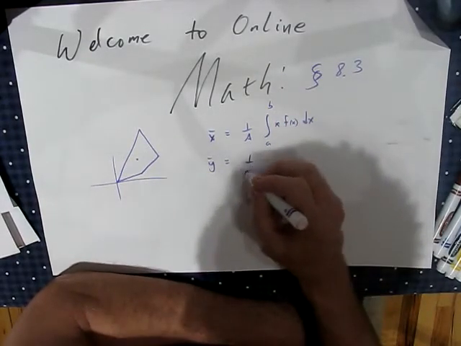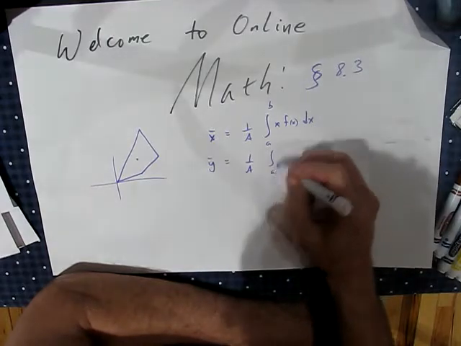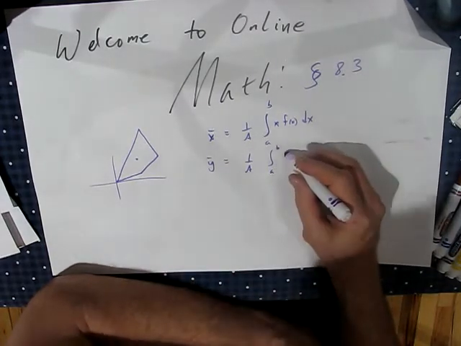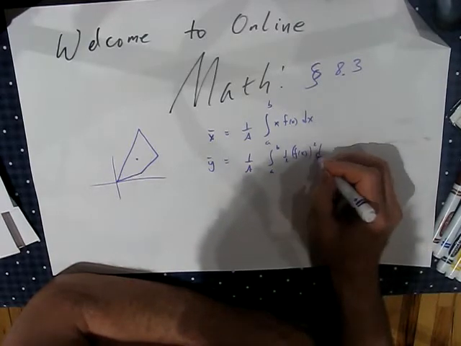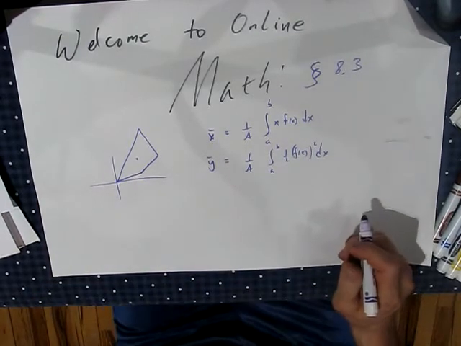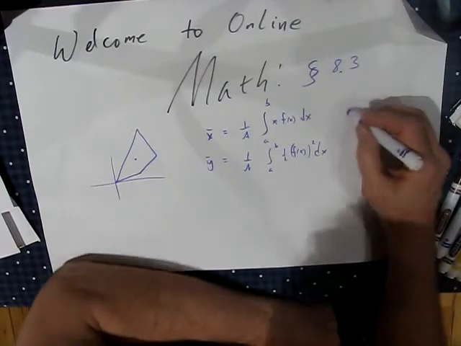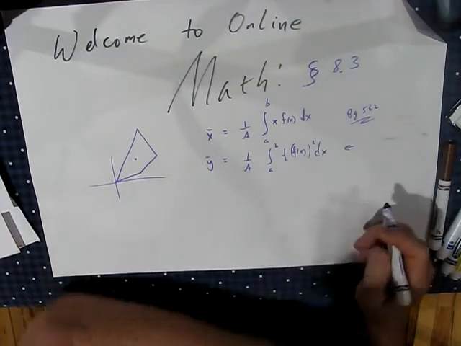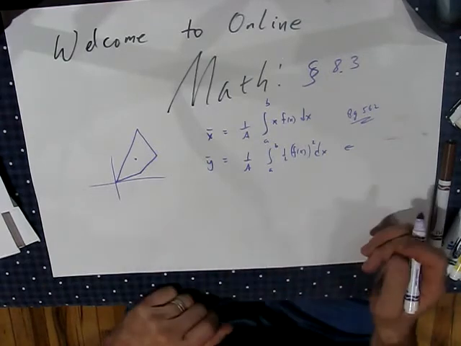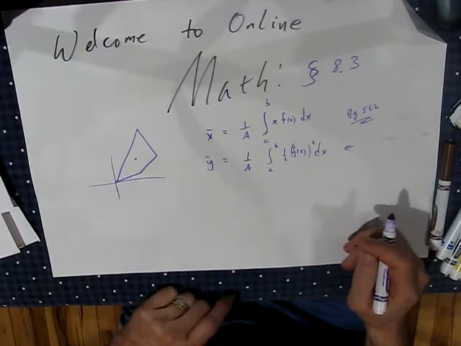Now y bar is 1 over a, the integral from a to b, but its formula is 1/2 f of x squared dx. The derivations of these can be found on page 562. This one's a little bit more tricky because the y direction is not the same as the x direction.